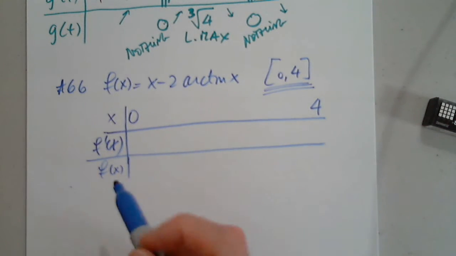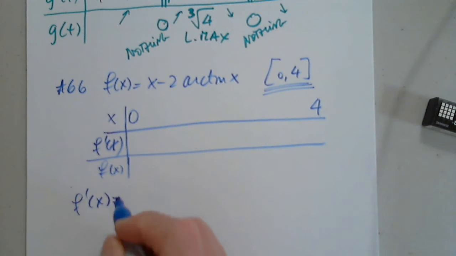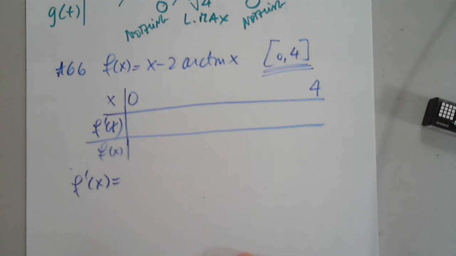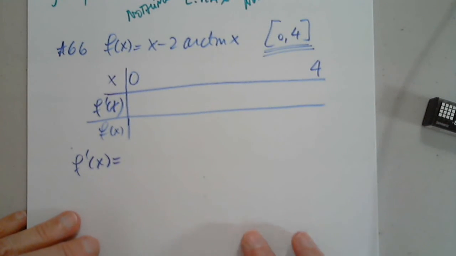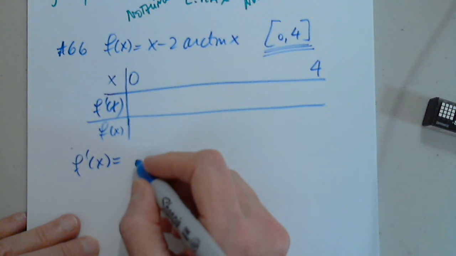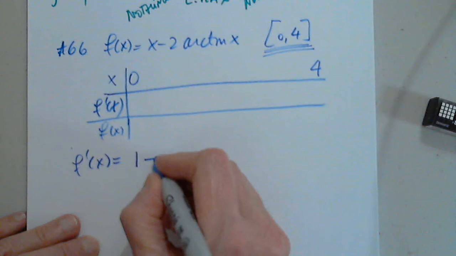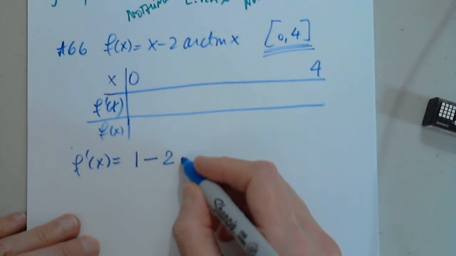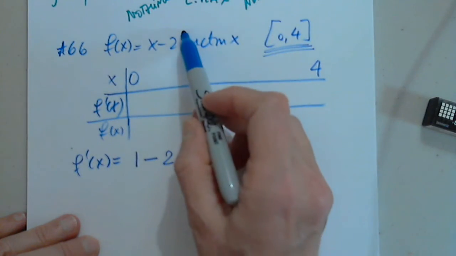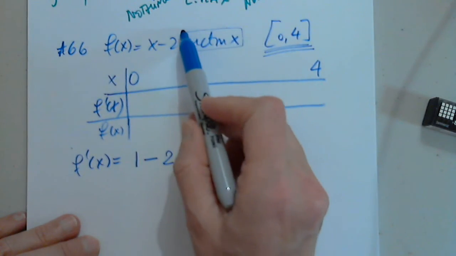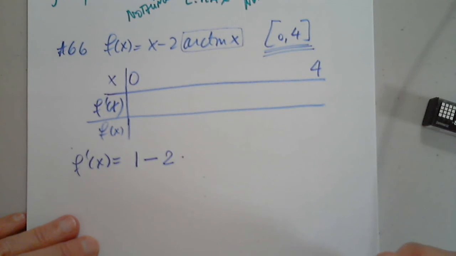Okay, so then I have to find f prime. Can anyone help with f prime? That's specifically why I wrote it like this, not to be confused with a function raised to -1.